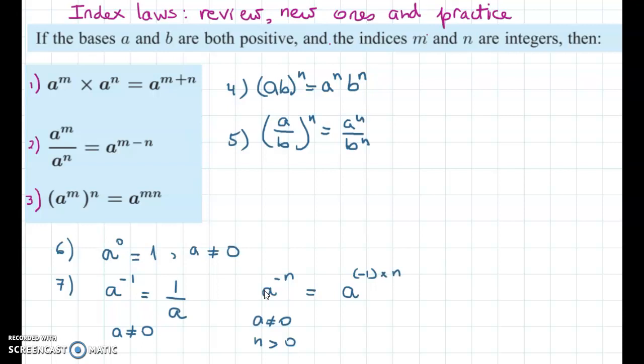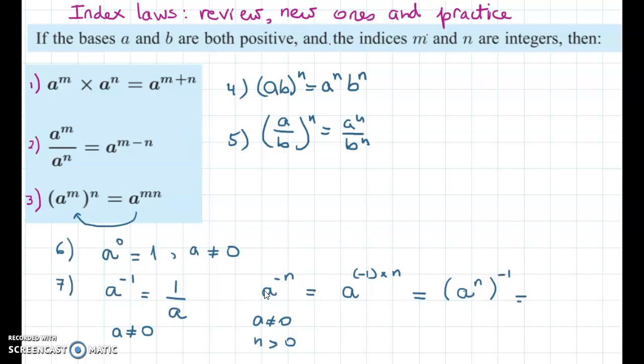That's the same. And now I want to use property number 3. Property number 3, if I'm reading it from right to left, says that when you have a to the power of the product of two numbers, you can do a to the power of one of them and then the power of all of that. So I'm going to do that. In this case, I'm going to write that this is the same as doing a to the power of n and then all of that to the power of negative 1.